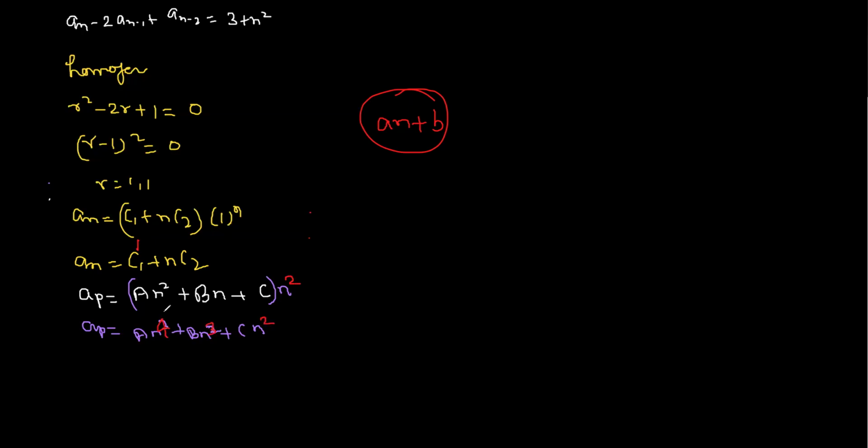Understood? Because particular solution and homogeneous solution must be different. Okay? If you do not multiply with n square, then you will get what? See, this is constant and this is constant. Understood? Yes.